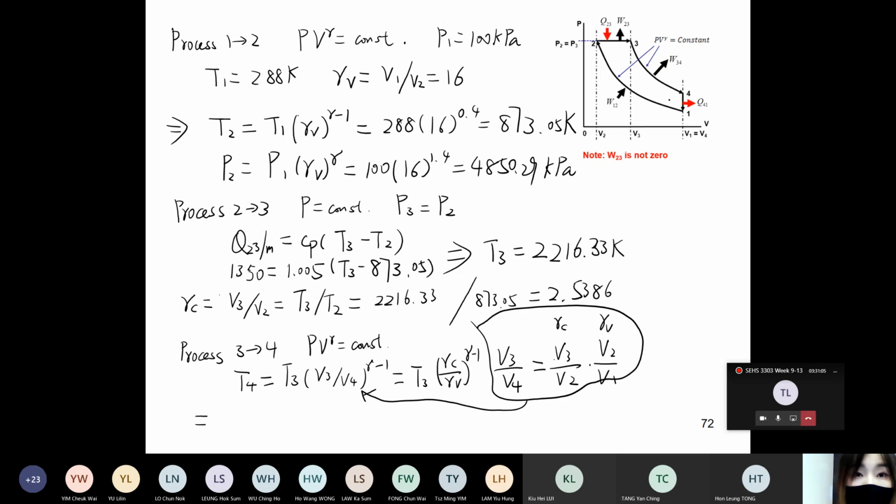Okay. At this point, any problem? Wrong. Where? This one? V2, yes. Sorry. 1 over combustion ratio. I'm so sorry, guys.